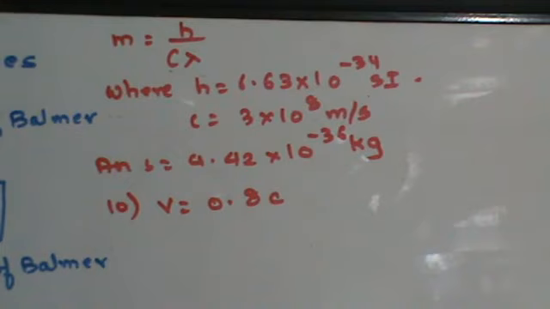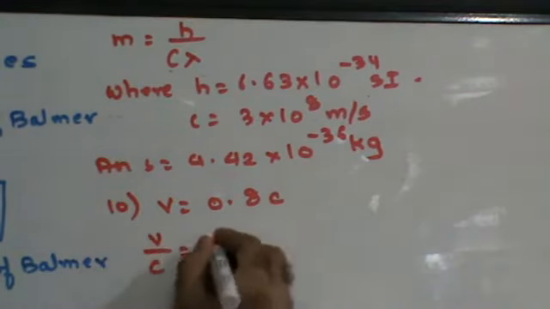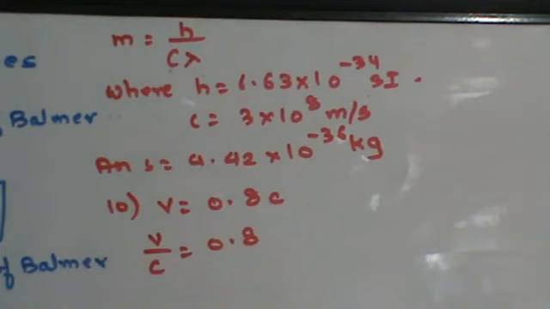Now guys, if v is equal to 0.8 c, then I can say that v upon c is 0.8. Square both the sides, v square upon c square is 0.64.